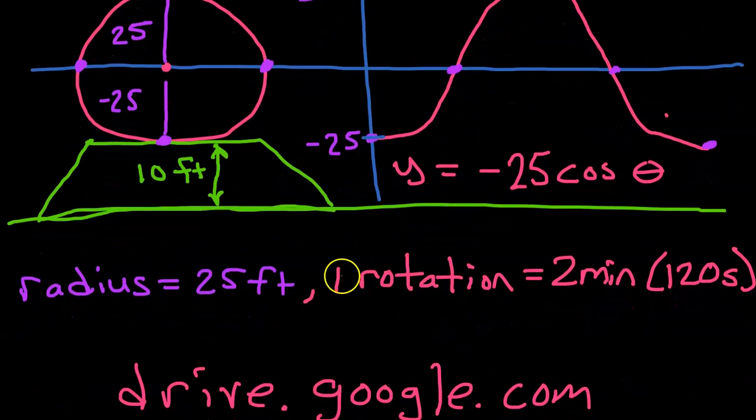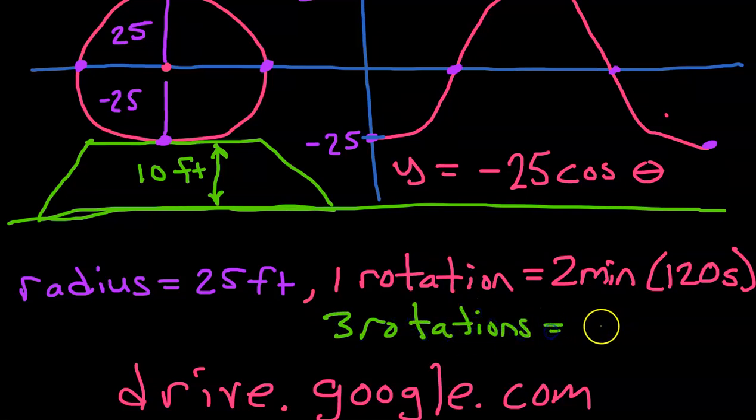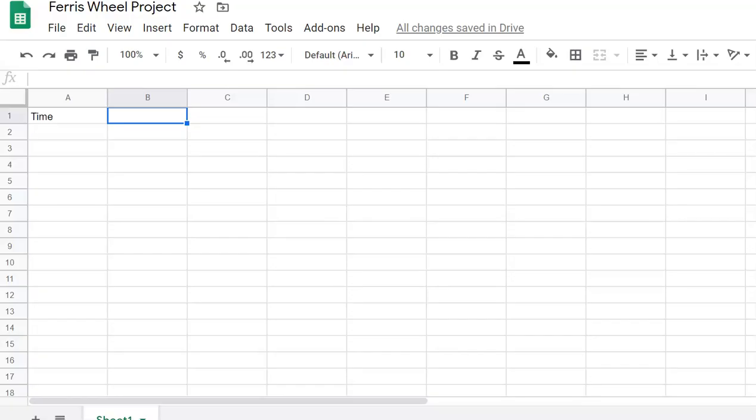So what will 3 rotations be? That's just going to be 3 times 120, so that's going to be 360 seconds.